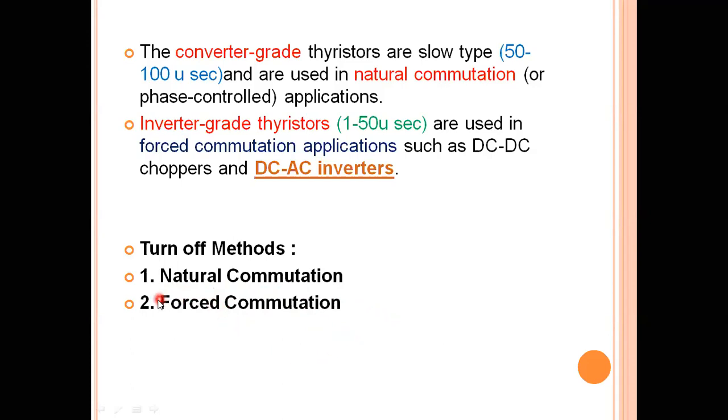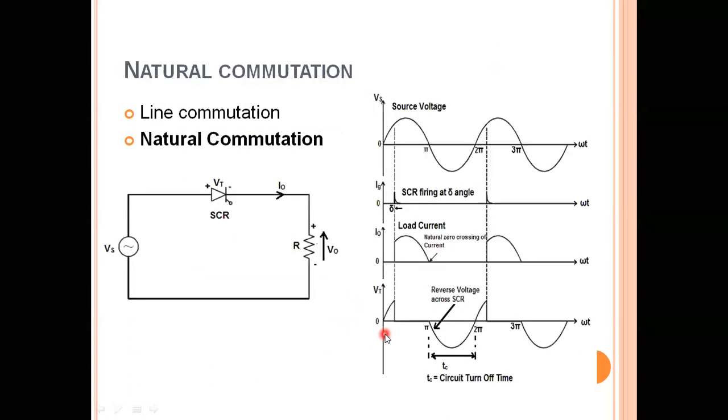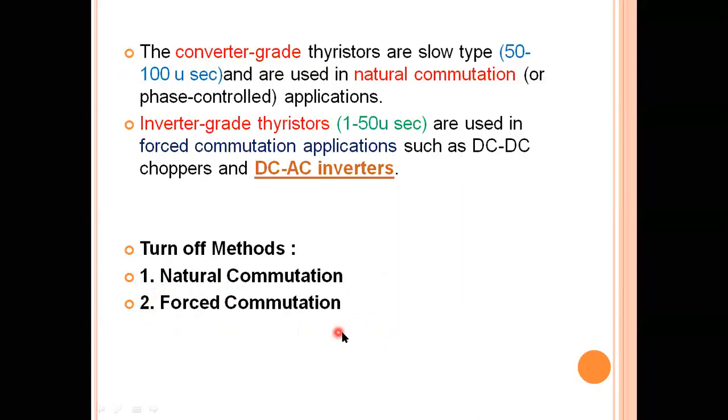Why is it called forced commutation? By the natural power circuit, if the current falls less than the holding current value, then it is considered natural commutation. Okay. In the DC circuits, the current and voltage magnitudes are finite, so the value will never fall less than the holding current value.